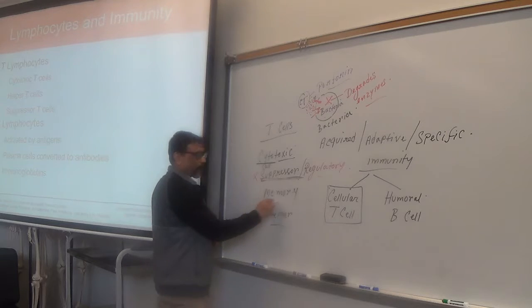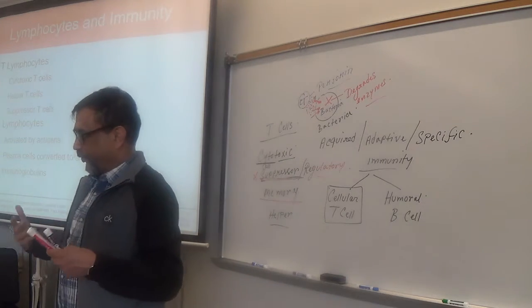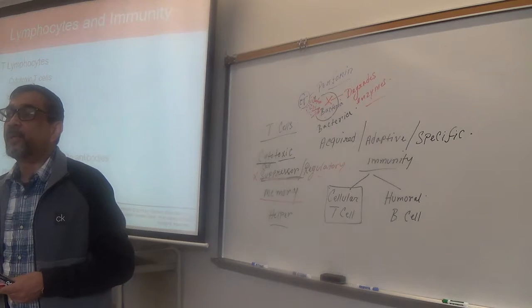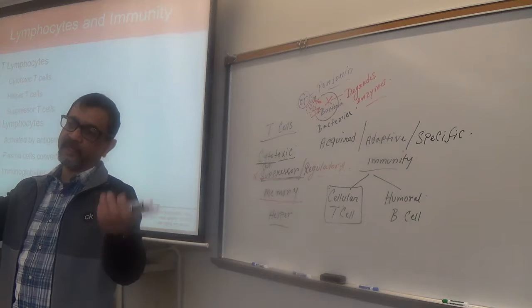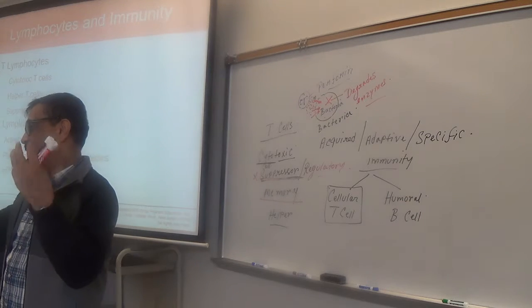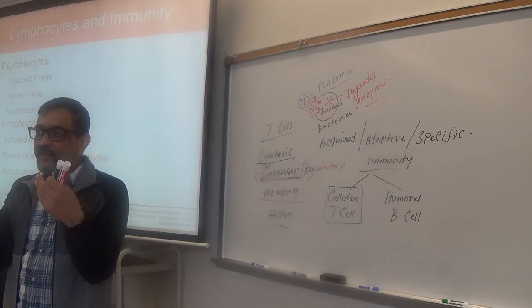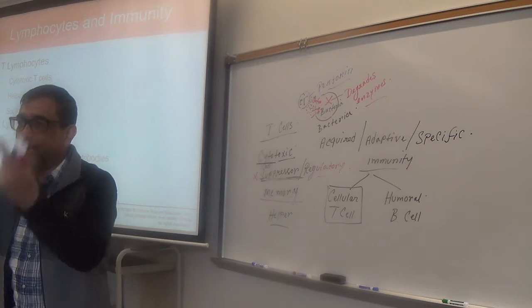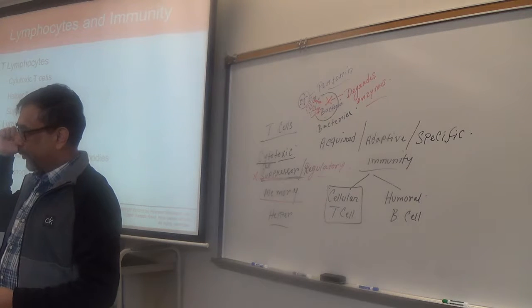Memory T cells are produced in your immune system when you get exposed to any antigen. For example, any bacteria or virus enters into your body, right? When your body encounters that antigen, your body produces memory T cells.